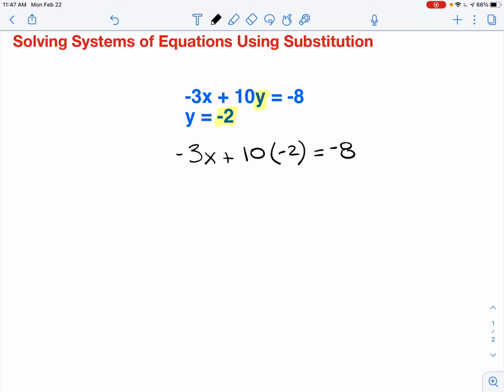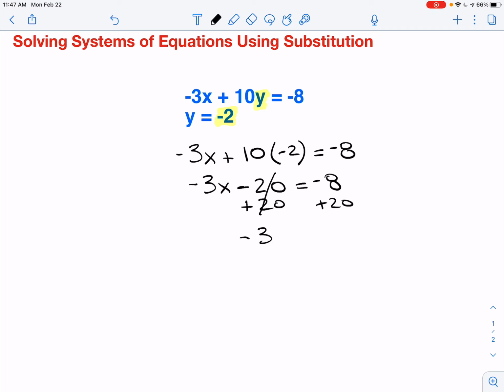Now that I have that, I have one variable in my equation and I can solve it. So -3x, let's see, 10 times -2 is going to give me -20, so I'll do -20 equals -8. Again, the goal when you're solving an equation is to get the variable by itself. So to get x by itself, I'm going to start by adding 20. That will make it go away because it'll make 0.